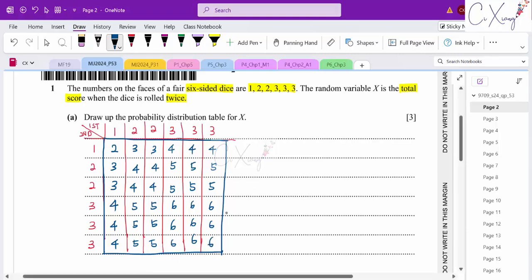So this is what I should have. The blue color ones will be the values of X, because I total up the score that I get when I throw the dice twice.